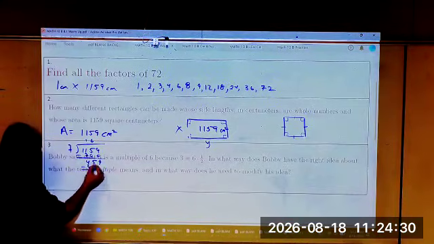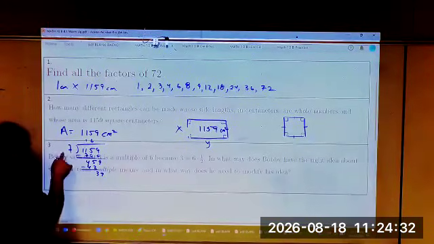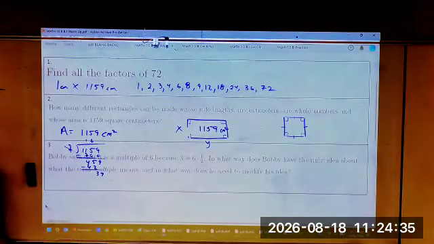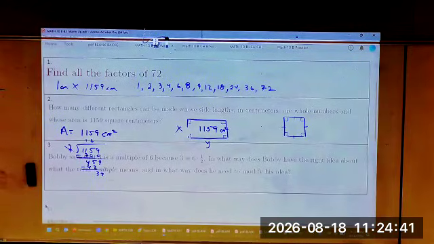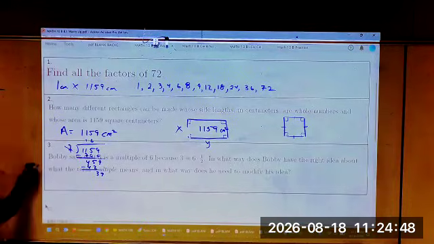Subtract, and we get a 3 remainder, so 7 doesn't work. 8's even, not going to work. 9 won't work because 3 didn't work. 10 isn't going to work. 11.